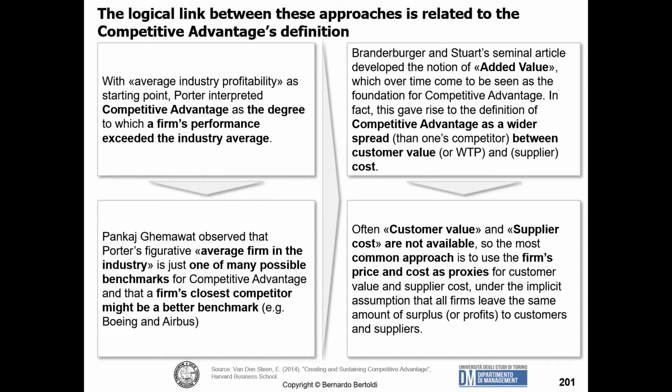And here the key point is that willingness to pay and opportunity cost for suppliers are not readily available and are not statistically relevant. There are no numbers or tables that analyze these two numbers quantitatively. Therefore, we create proxies, and the proxies are very easy: the price and the cost.